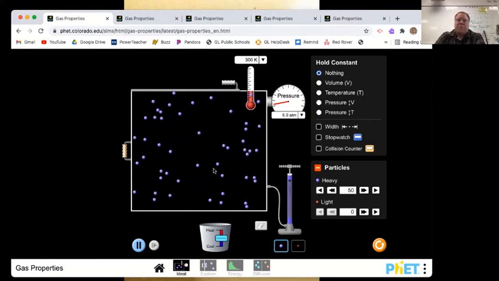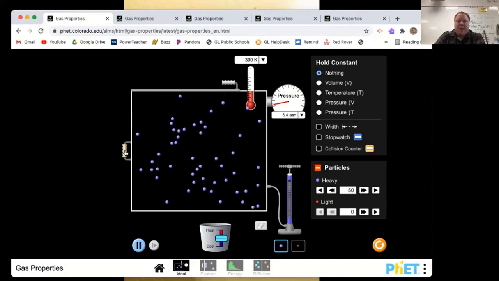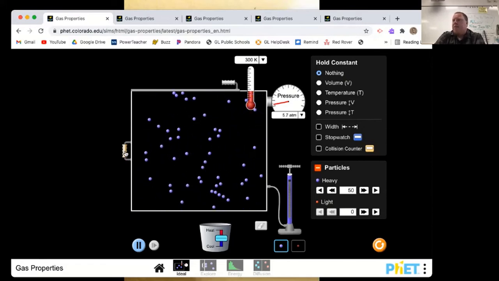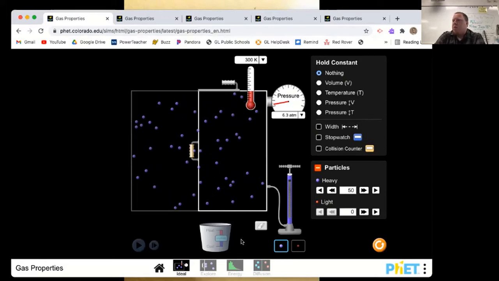I want to increase the pressure. Okay, so I've got make the space smaller, compress it. Okay, so I'm going to do that. Right now the pressure is about 6. So I'm going to make it smaller.